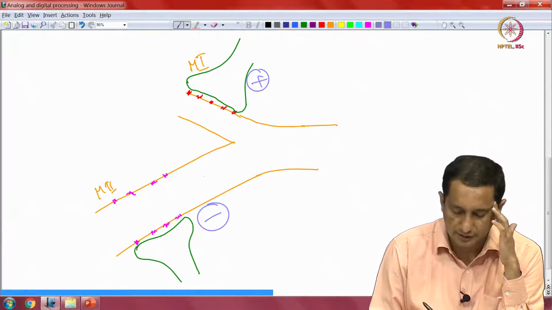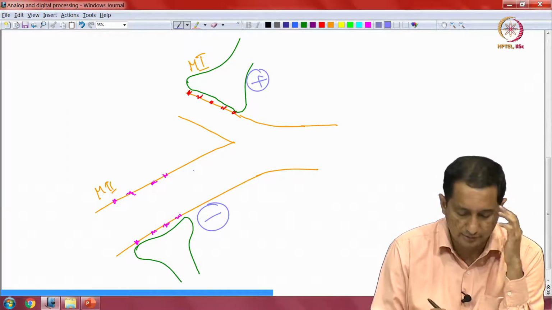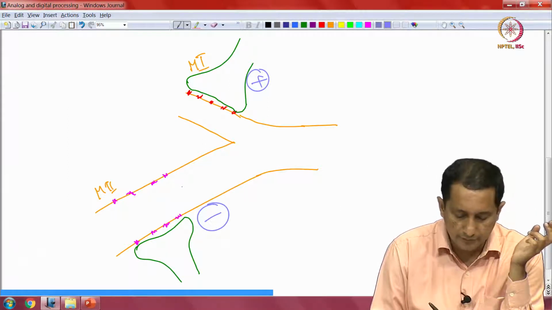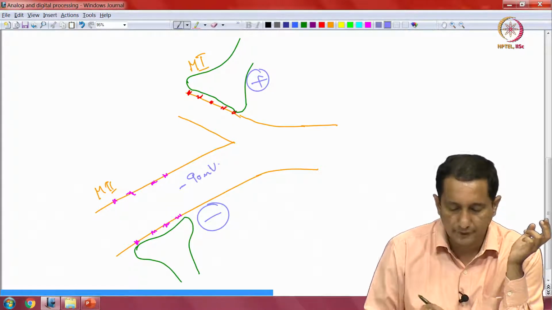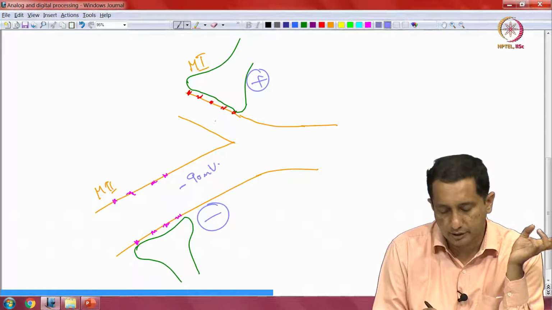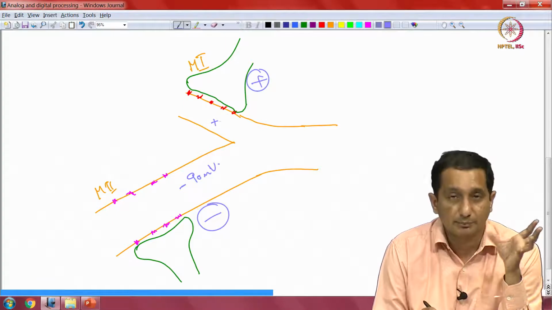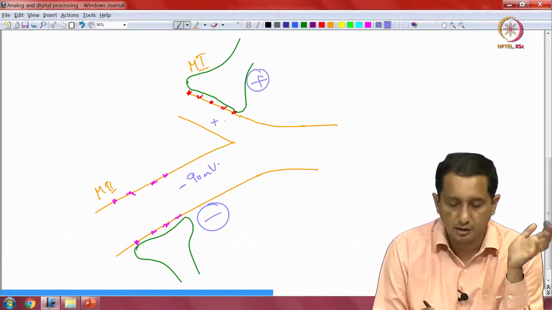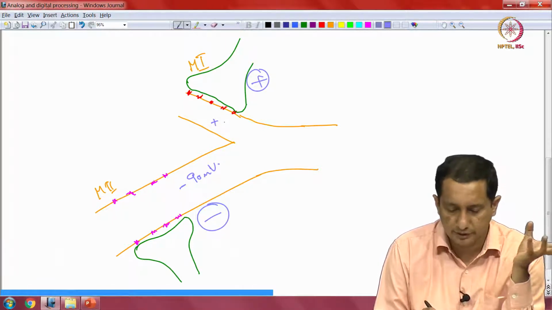Inhibitory signals, if you look at what actually happens, we are looking at voltages of something like minus 90 millivolts, and this is stimulatory. Sub threshold is somewhere between minus 70 and minus 50. So, we will put it around plus 60.